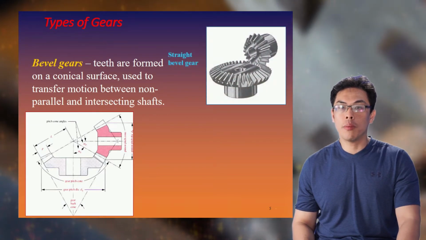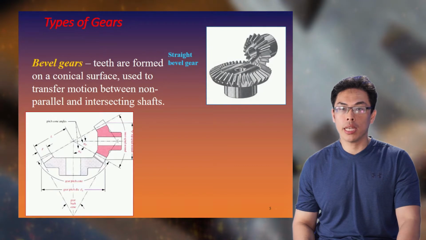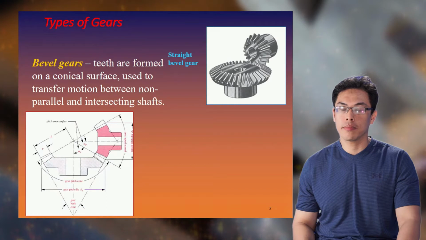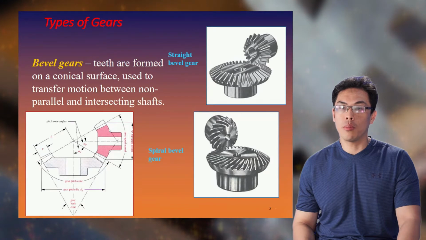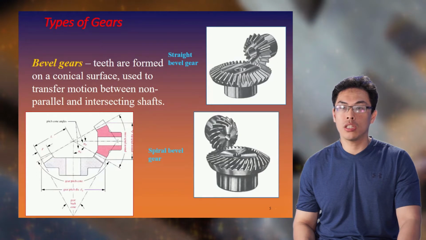The teeth on bevel gears can be straight, spiral, or hybrid. Straight bevel gear teeth actually have the same problem as straight spur gear teeth. As each tooth engages, it impacts the corresponding tooth all at once.